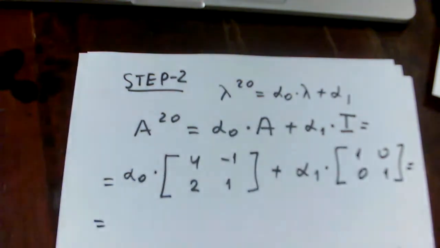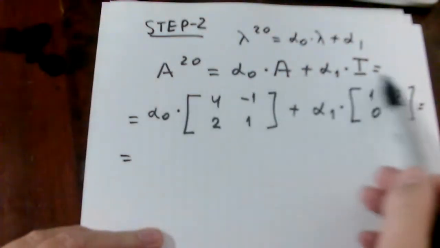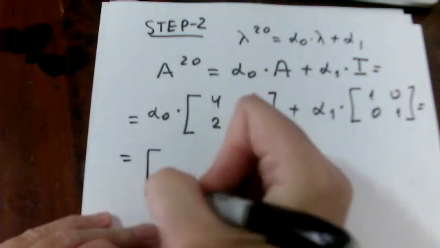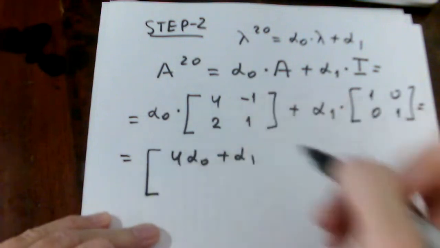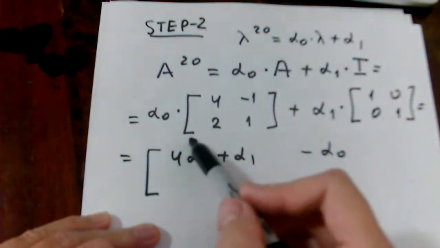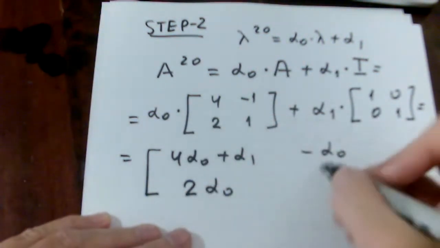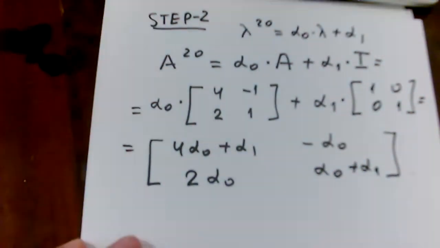Again, I'm not going to substitute these alphas because they look pretty daunting. I can just do these matrix operations. So it will be 4 alpha 0 plus alpha 1 in the top left corner. Here we have only minus alpha 0. Then 2 alpha 0, and finally alpha 0 plus alpha 1. And you know what? This is our answer already.